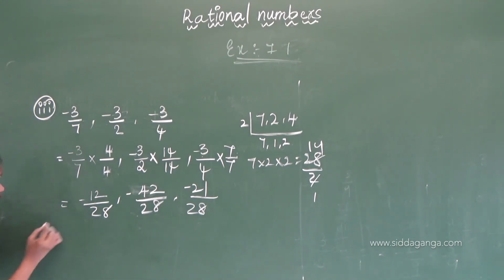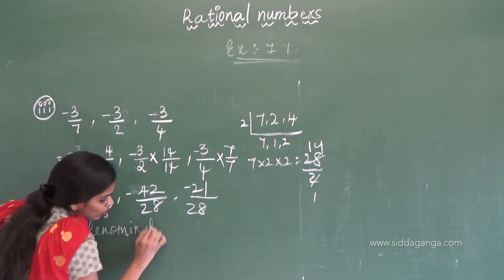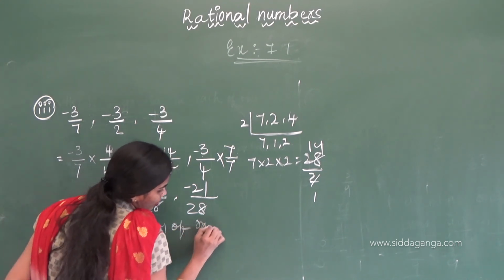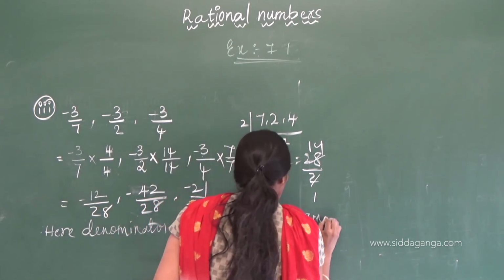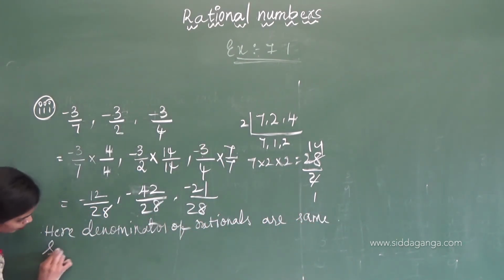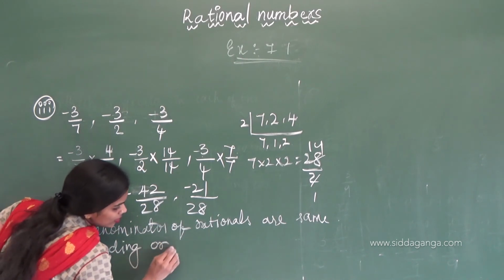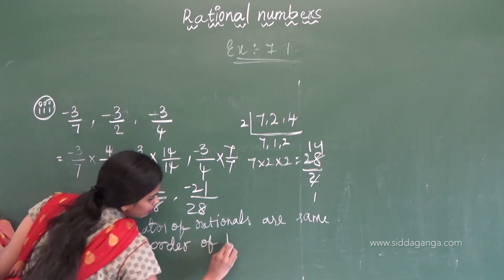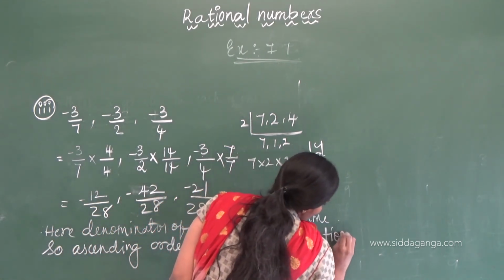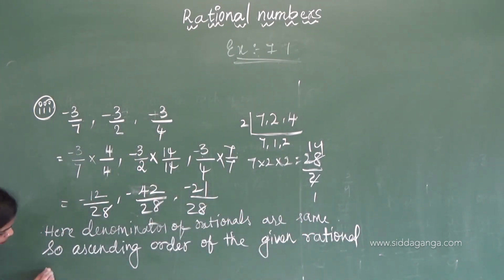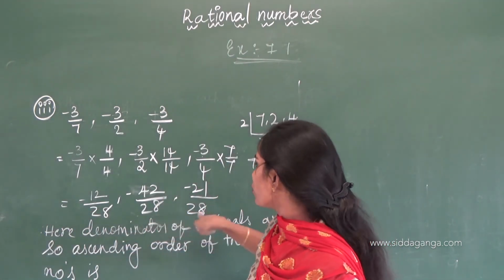Here the denominators of the rationals are the same, so the ascending order of the given rational numbers is: just between these three, which one will be the smallest?